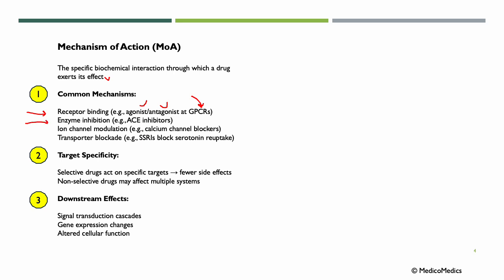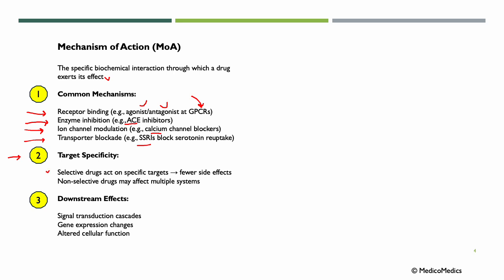We can have it through enzyme inhibition, like ACE inhibitors, used in treating hypertension, for example. There is ion channel modulation, as seen with calcium channel blockers, or by blocking transporters such as SSRIs in treating depression, for example. Now, drugs also differ in target specificity.